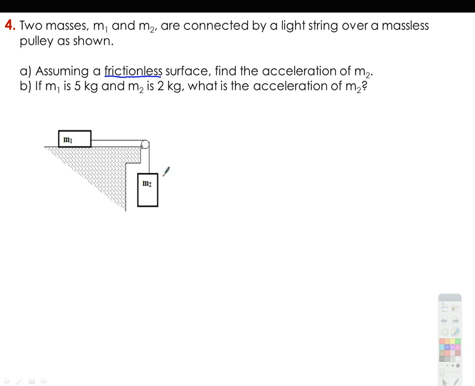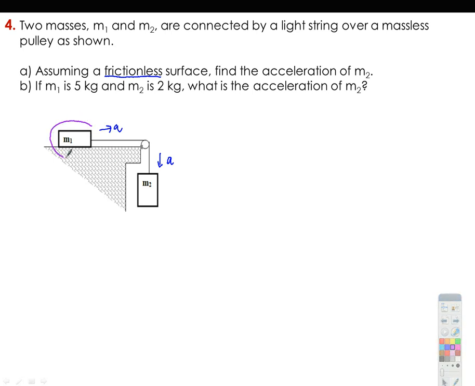Since it's frictionless, M1 is... okay, hold on a second. It will be the same process. We know that this one will fall down this direction because this one is hanging, so it will go this direction, and this one is going that direction.